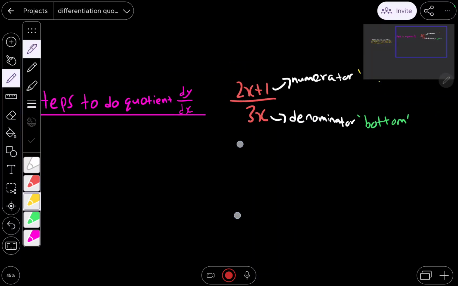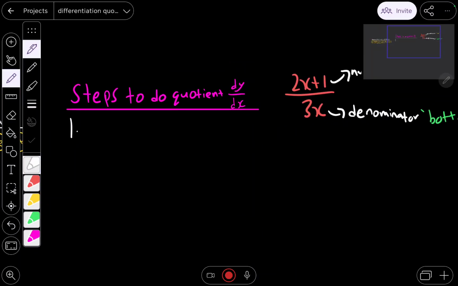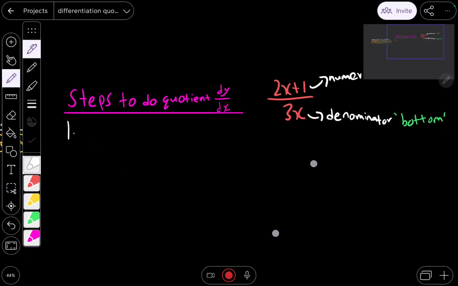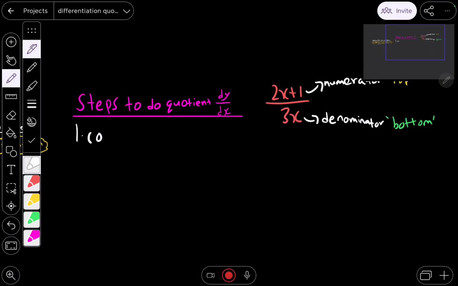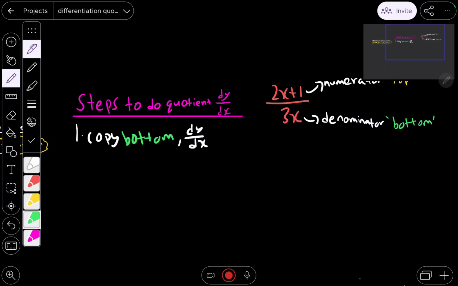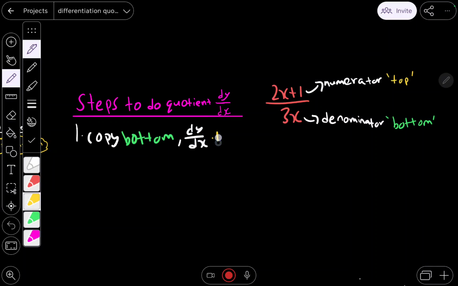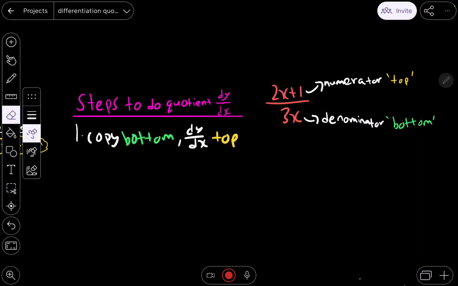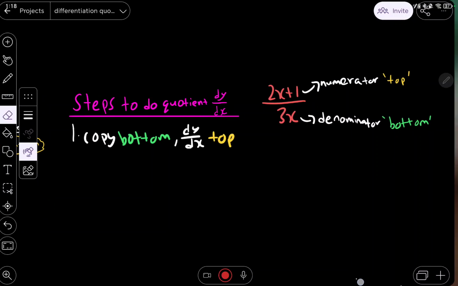So the first step, which I'll write in white, is to copy the bottom, and then you differentiate the top. So copy bottom, then you differentiate the top.